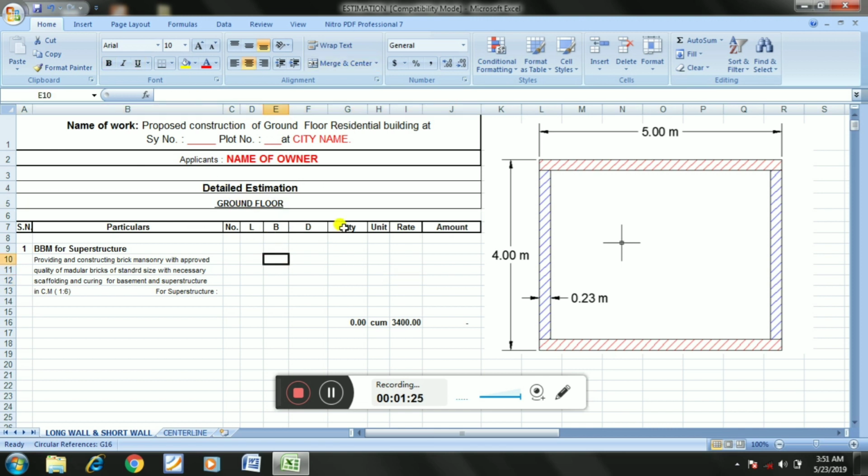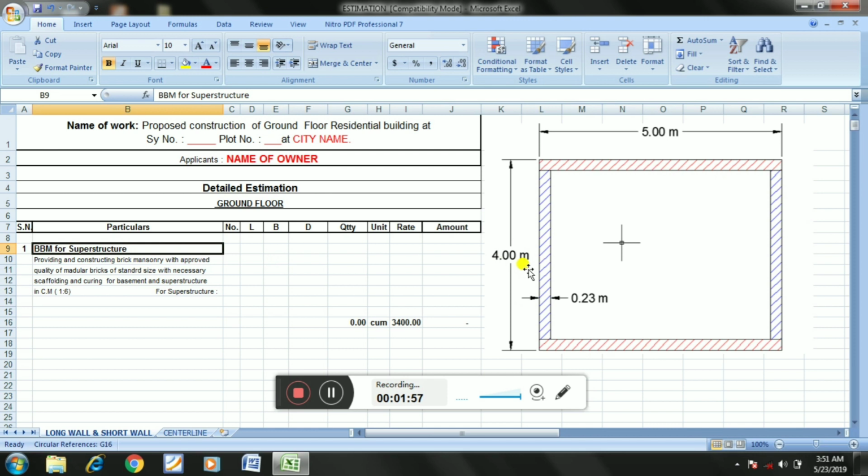As the initial step I'm taking only a single room without any deductions. Here I have not taken any door or window. Only the solid wall dimensions will be taken into consideration, and a specific height. I am calculating only the quantity of BBM for the superstructure.